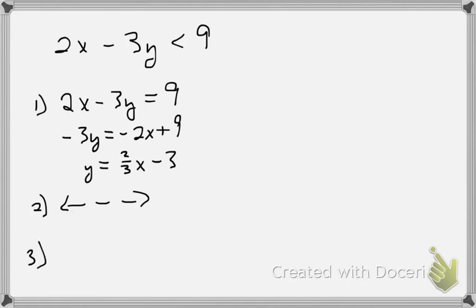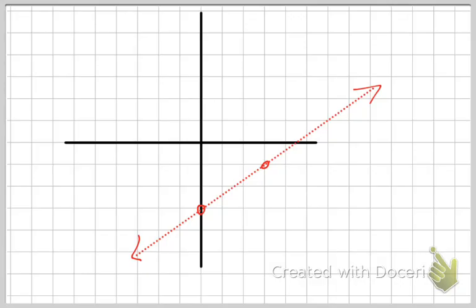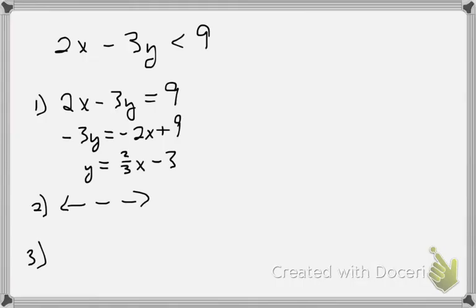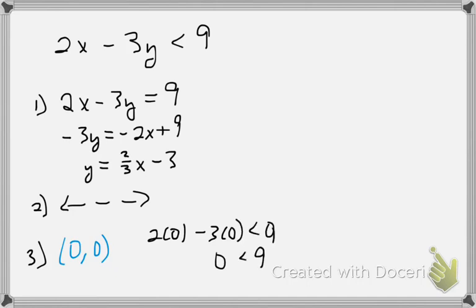shade. To do that, pick a test point. So what's a great point to plug in? 0, 0. As long as it's not on the boundary, you can use it as a test point. So let's plug in 0, 0. So if I do so, I get 2 times 0 minus 3 times 0 is less than 9, which means 0 is less than 9.